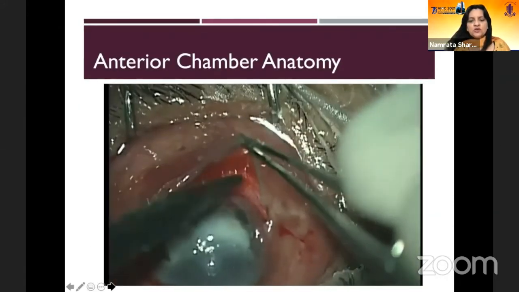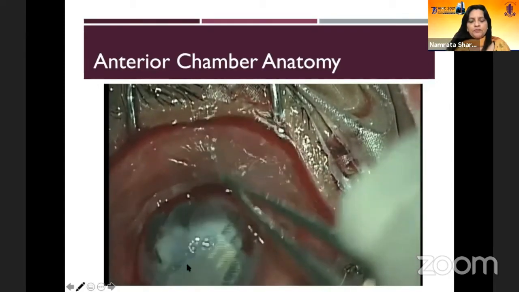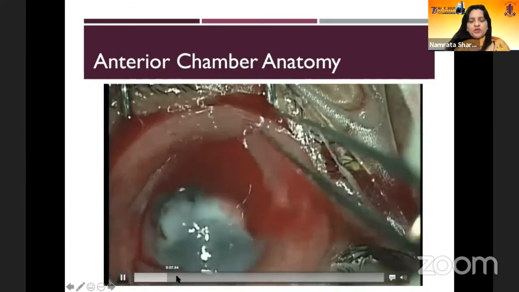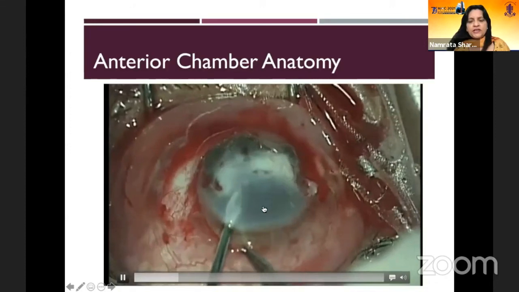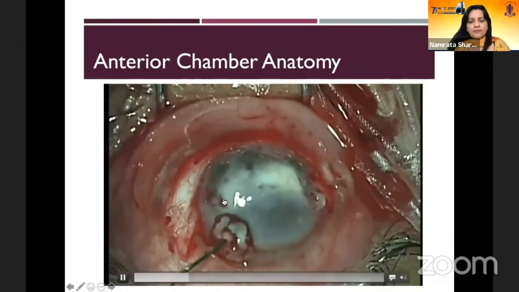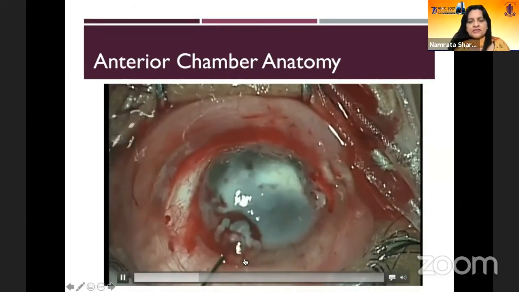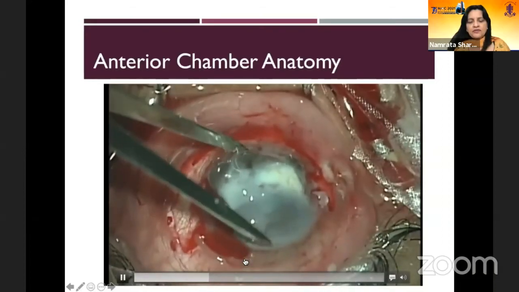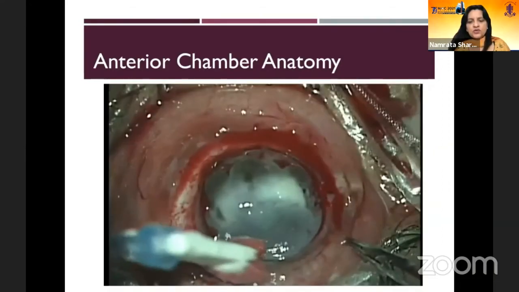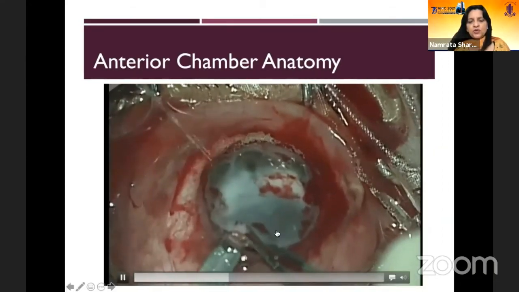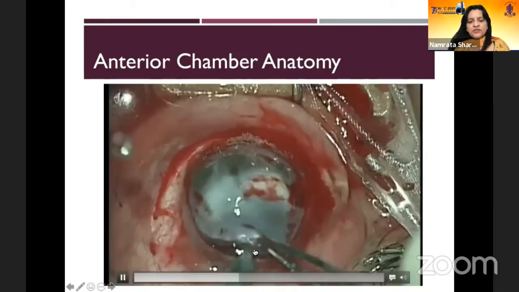So this is a case which is not responding to medical therapy, has also perforated, being done under general anesthesia. Peritomy is done, AC entry is then done, and the size of the exudation is measured so that 1 millimeter more than this is the size of the trephination.